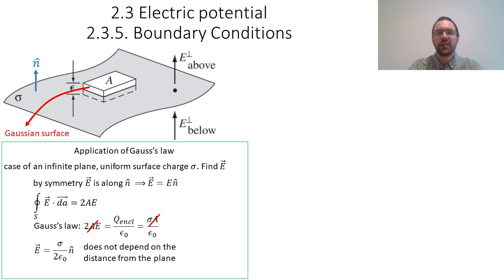You can see that this value of the electric field does not depend on the distance from the plane. You can be very far from the plane or very close, the electric field is the same. This is only true, of course, because we consider the plane infinite.